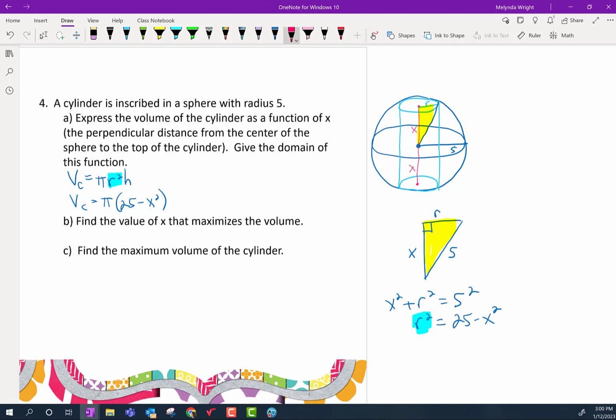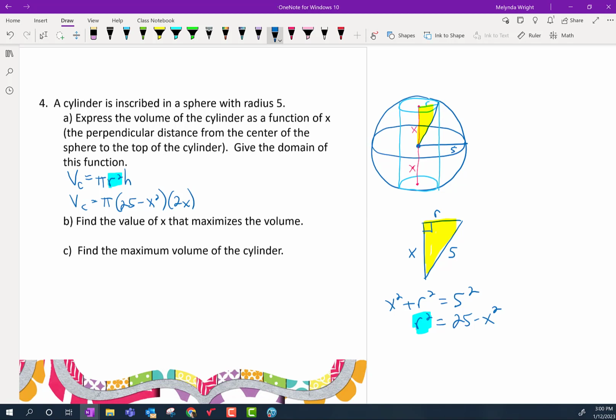So my height is actually x plus x, which is 2x. There is step 1: express the volume of the cylinder as a function of x, which is the perpendicular distance from the center to the top.